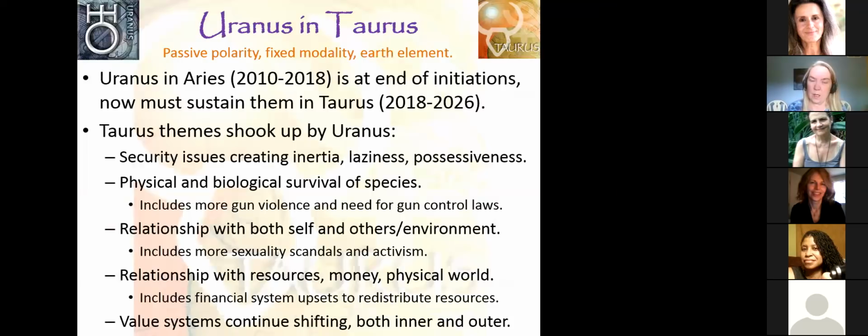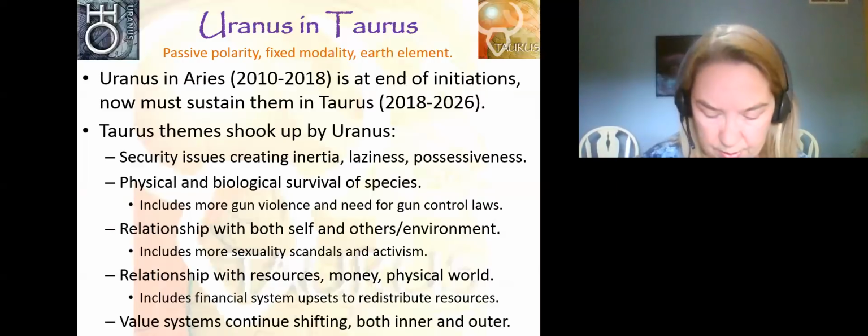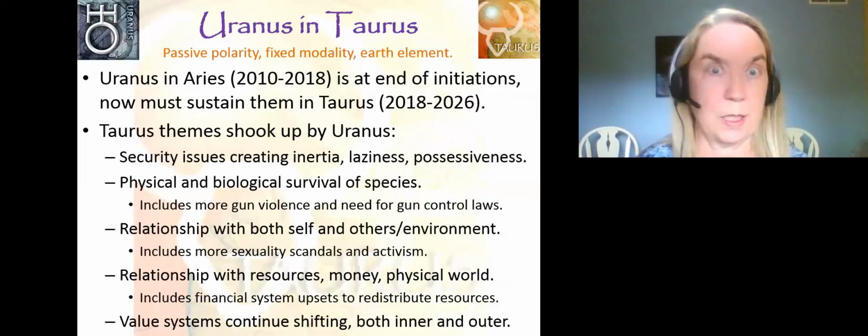The Biseptile is going to help really realign value systems, with everything that is taking place in the world right now.